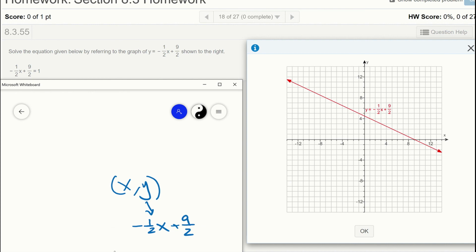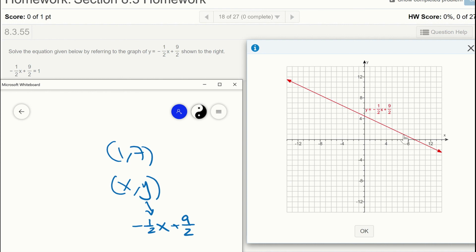So all you have to do is look where the y value is 1 on this point. Look, in other words, locate the point on this line which corresponds to y equals 1, right? And see what x value is paired with that. So when you do that, you realize it's the x value right here, 7, which is going to give you the output 1, because the point 1, 7 is on the graph of this line, right?